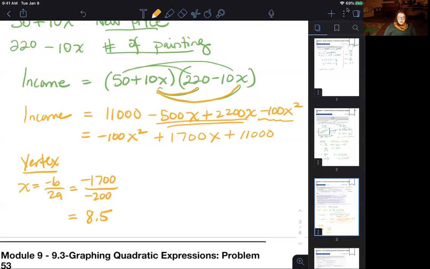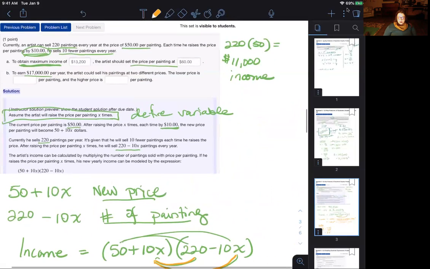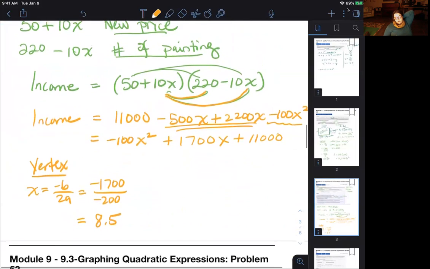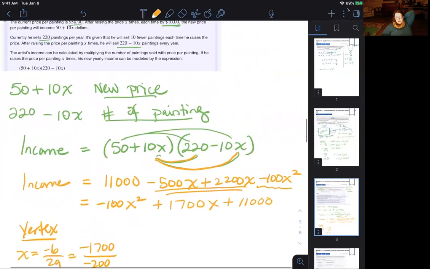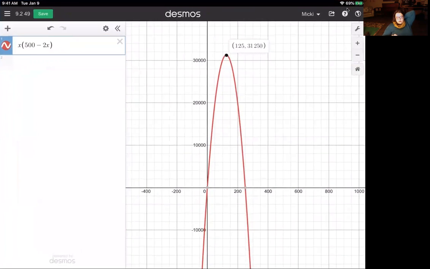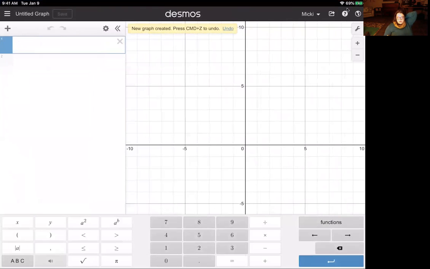So basically that means that I want to have 8.5 price increases because it's a positive, right? Does that sound right? Let's graph it on Desmos just to be sure. I like to just check this and make a new graph. Now I forgot the whole numbers.